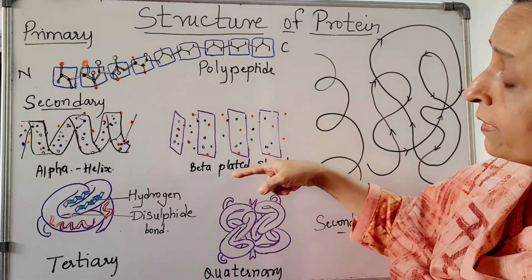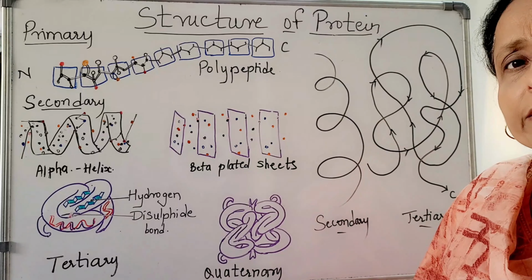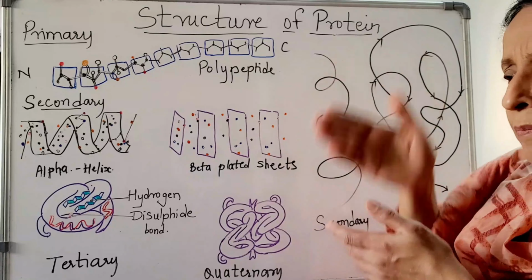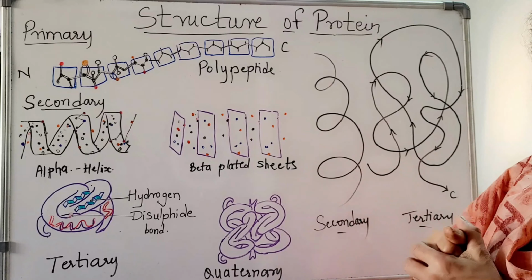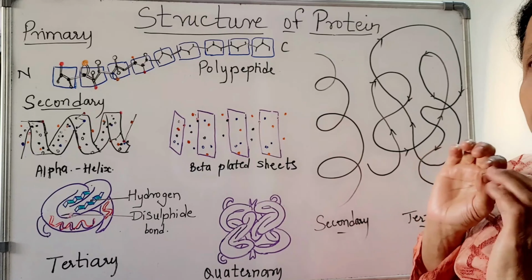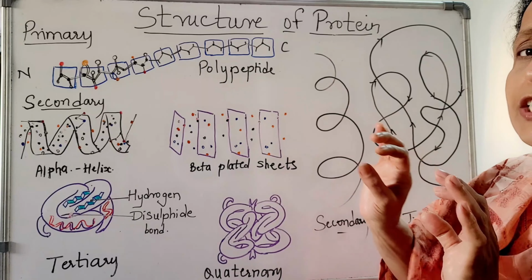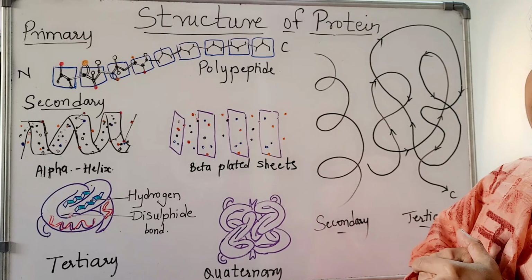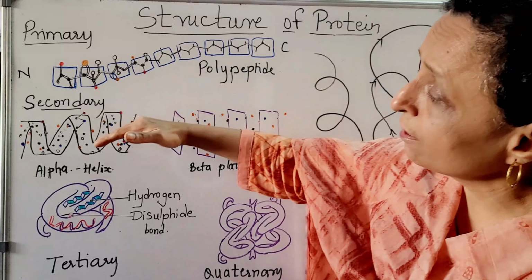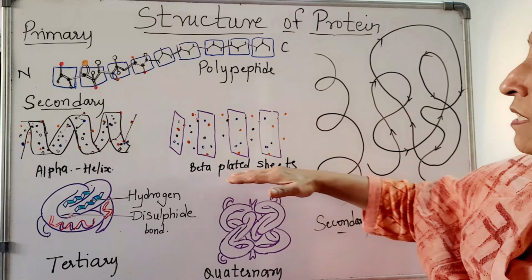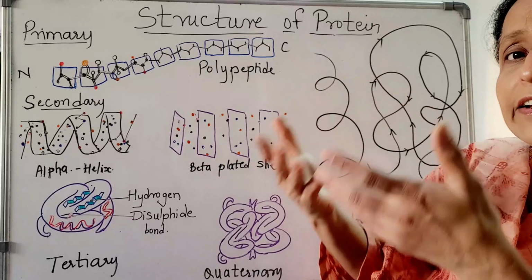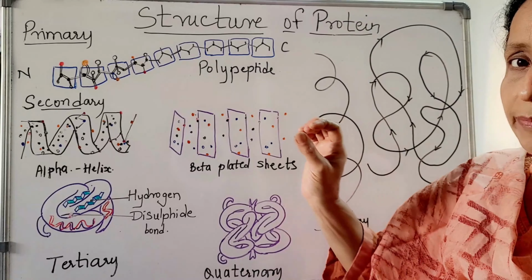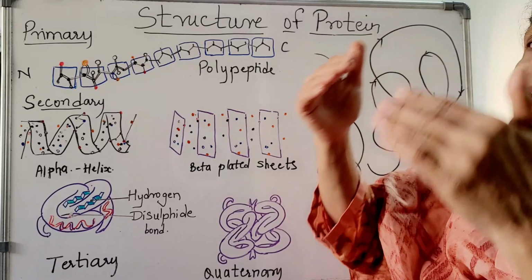Now these are beta pleated sheets. They will form sheets. The amino acids will arrange themselves in sheets, attached with the peptide bonds. So this alpha helix and these beta pleated sheets are the secondary structures. Primary will be a long chain, and this is the next step.